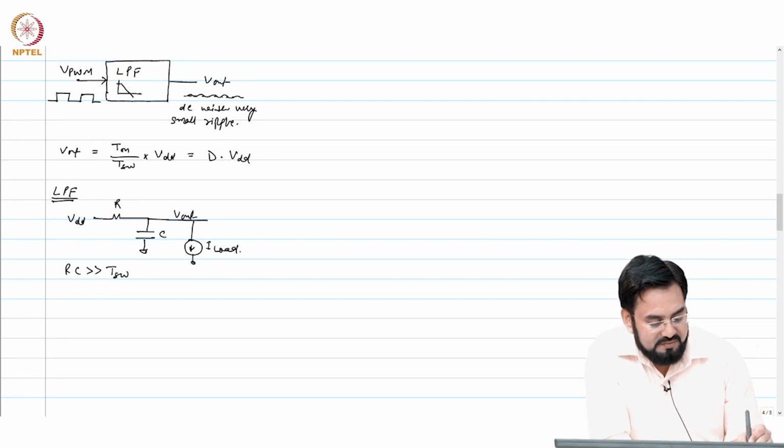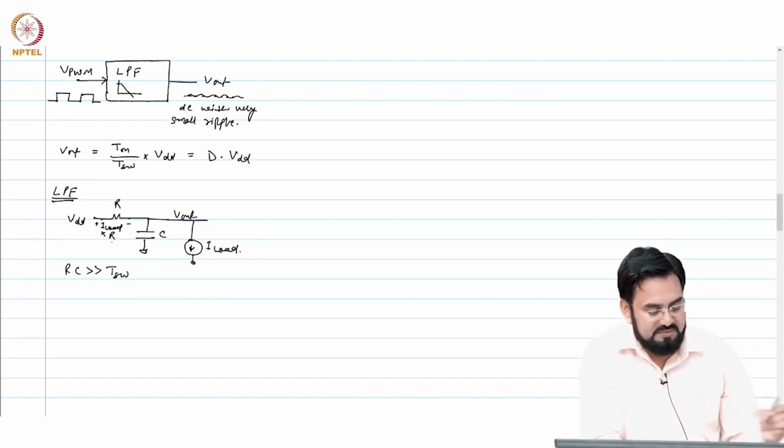What will be the drop here? Iload into R, which means what is Vout?